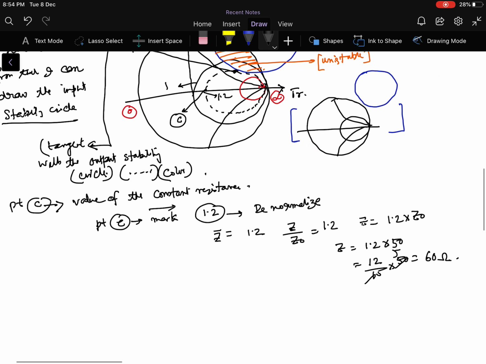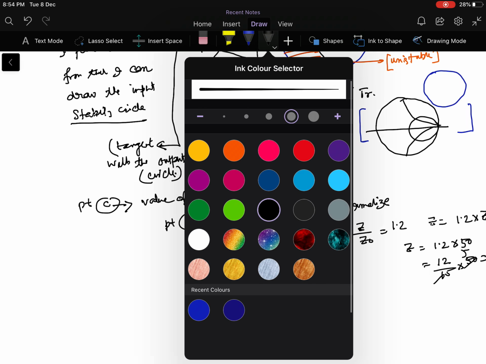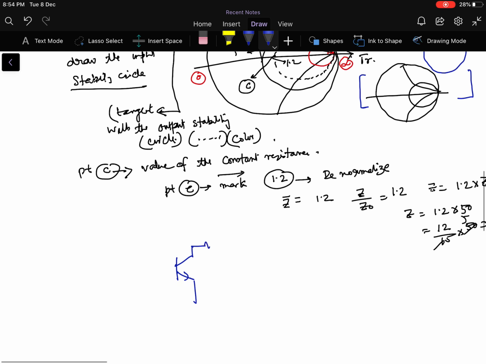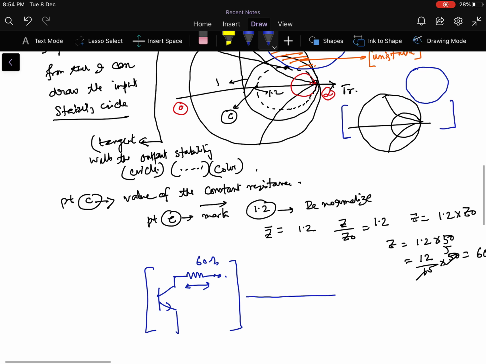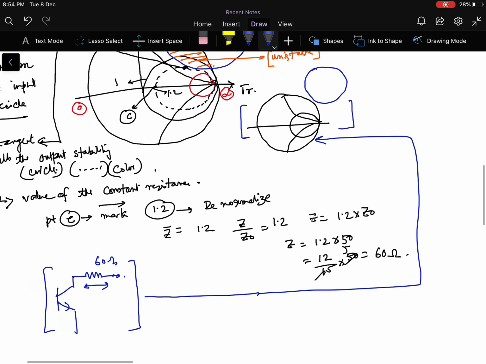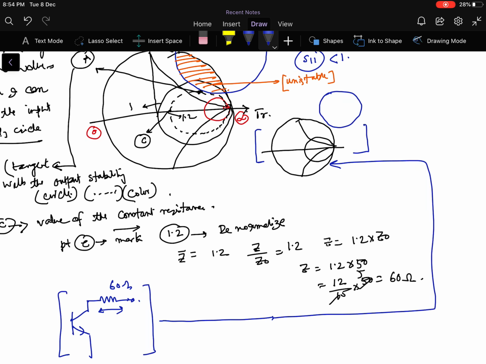In what sense is it important? Because if I connect this impedance with my output side, this system with these resistors will make this happen.